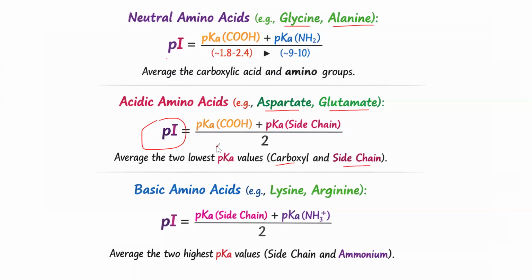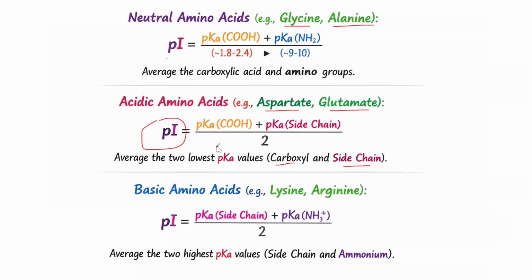So if you have acidic amino acids, to calculate the isoelectric point, you take the pKa of the carboxylic group and add it to the pKa of the side chain of that particular acidic amino acid, and then you divide it by 2.